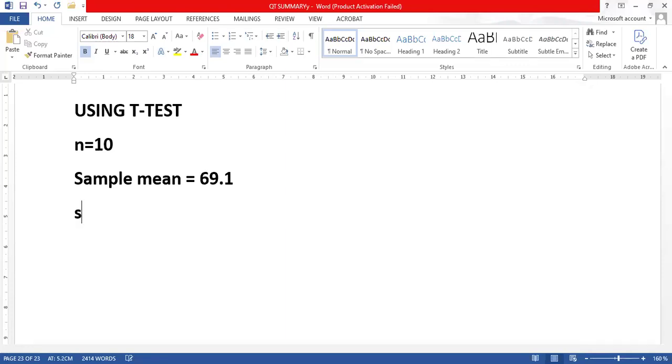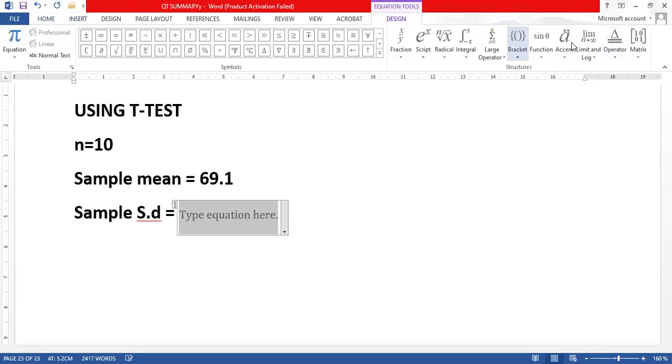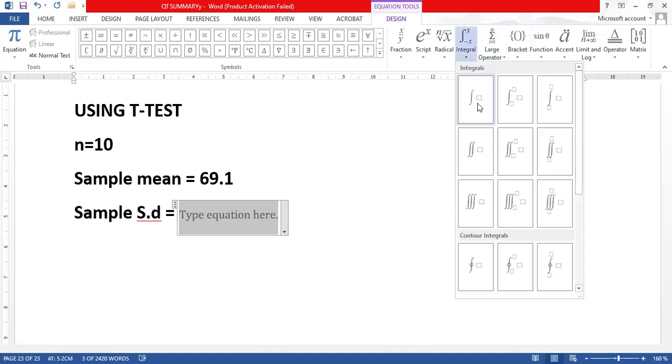Then is sample standard deviation. We take square root of variance. We are given variance, so take square root of that variance.